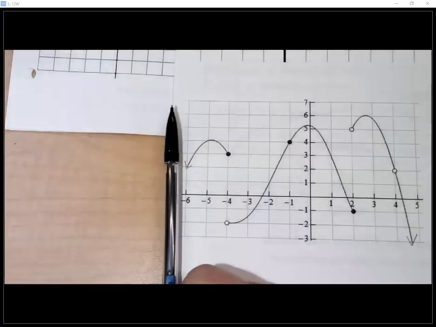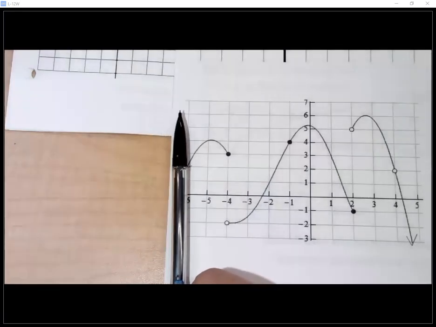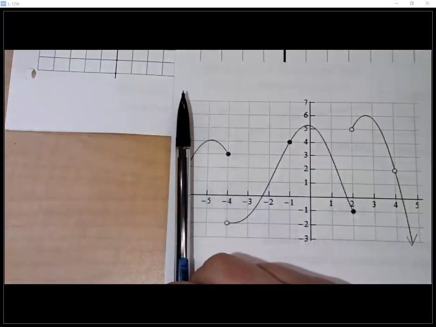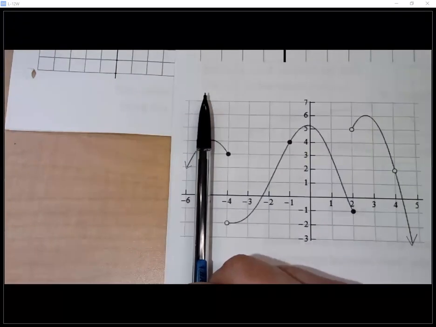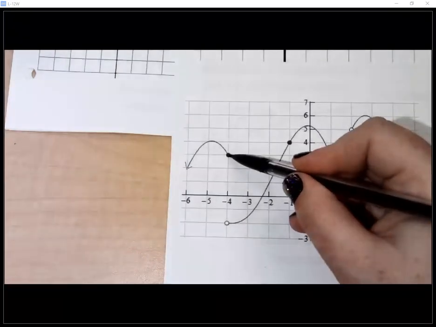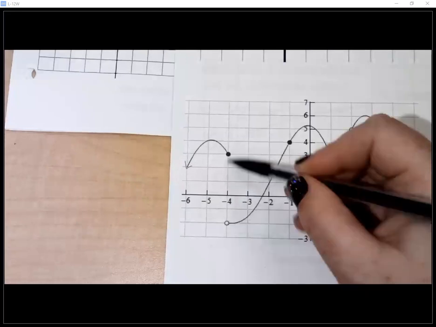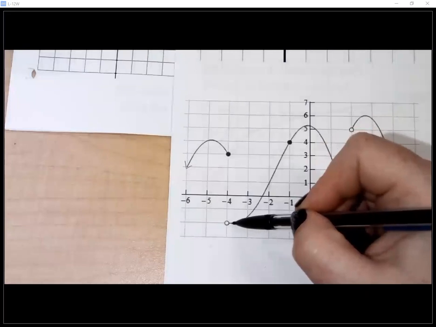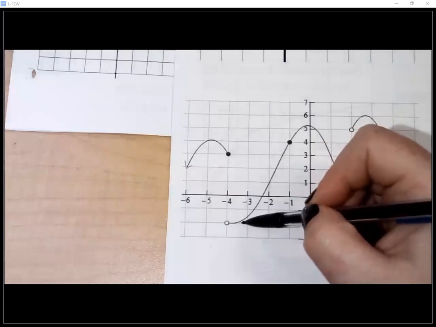I have values there. We're doing the domain first. As I'm moving from left to right, I have values, I have values, I have values. I hit this, I have an open dot there, but that's okay, I have a closed dot there. So as I continue my way across, there was no gap there. I know I jumped from here down to here, but it doesn't matter.